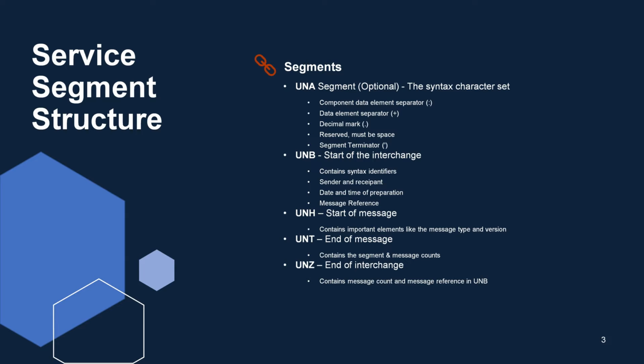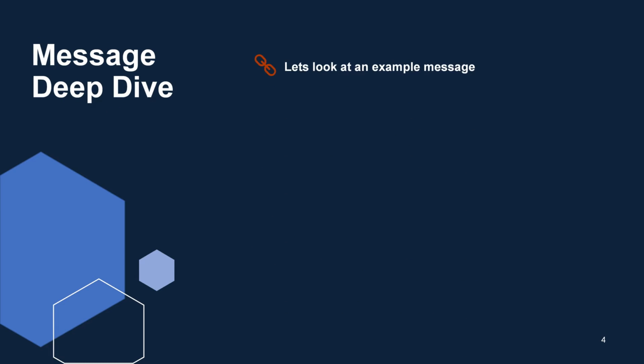I think now it'd be quite good if we deep dive into an Edifact message, and I can show you what an Edifact message can look like, and it will give you some context for some of these segments and the particular data messages that can be sent. So let's have a deep dive and look at an example Edifact message.